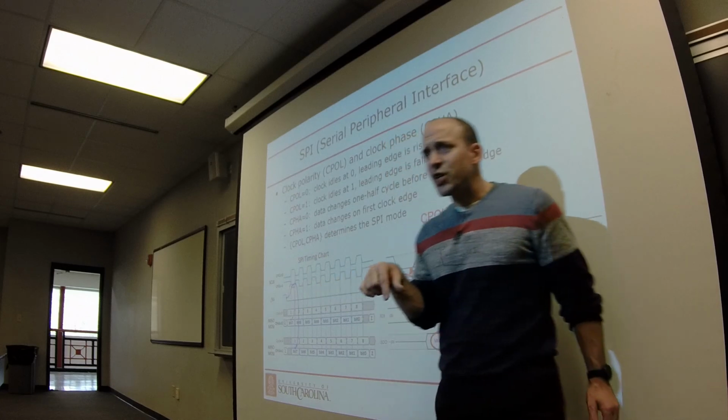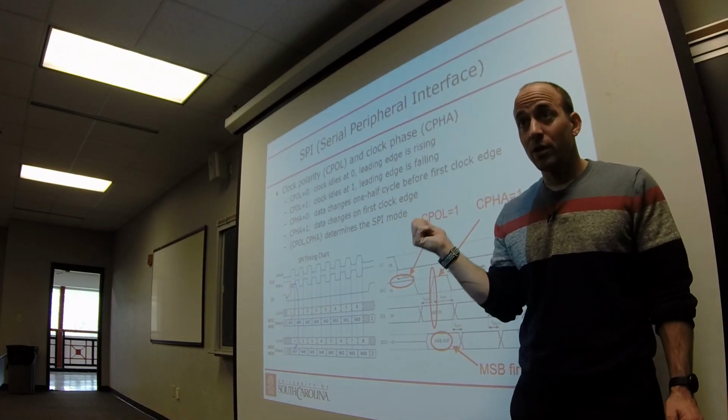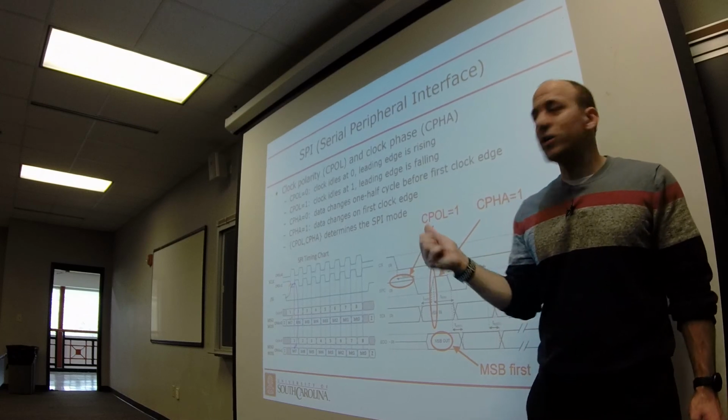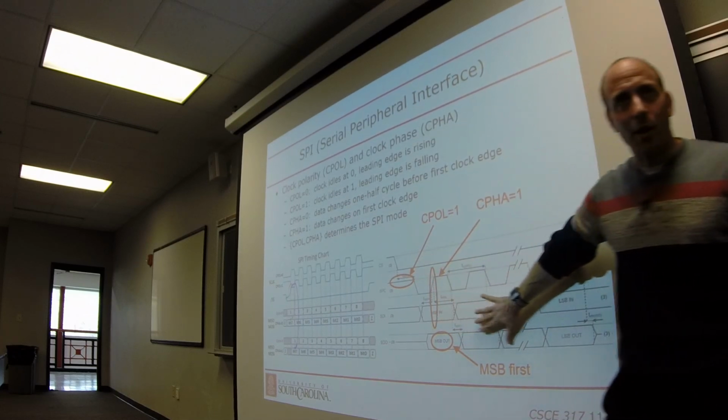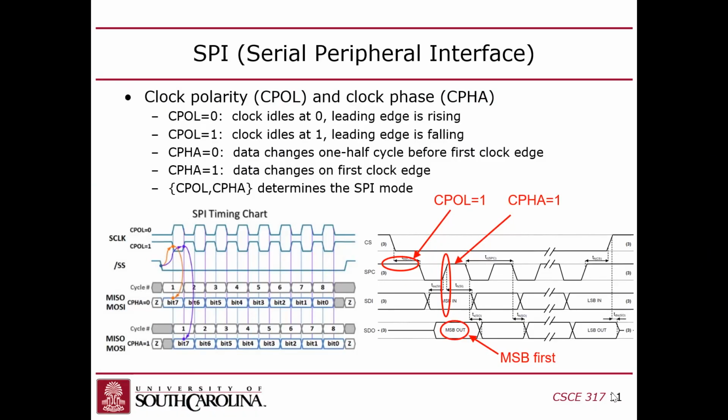If you read the data sheet for the accelerometer, nowhere does it actually tell you what to set those to. The only way you would know is by looking at the timing diagram. They have a lot of timing diagrams in that data sheet, as they do in a lot of data sheets that you read. So how do we know how to set up CPOL and CFA?